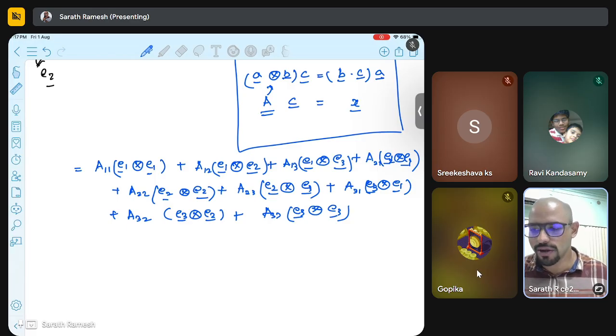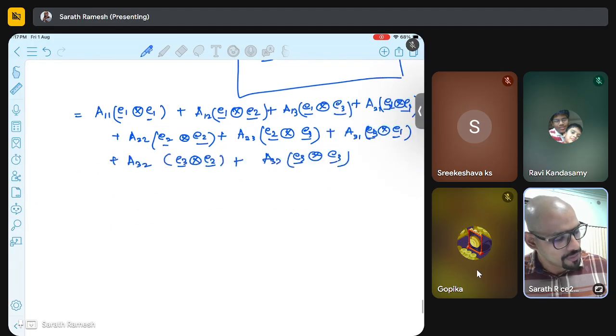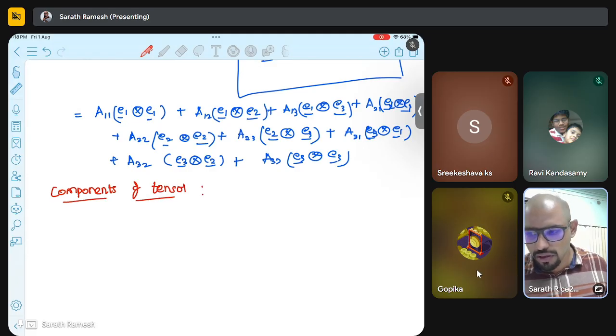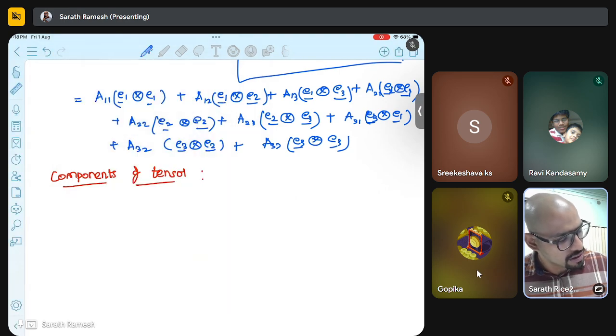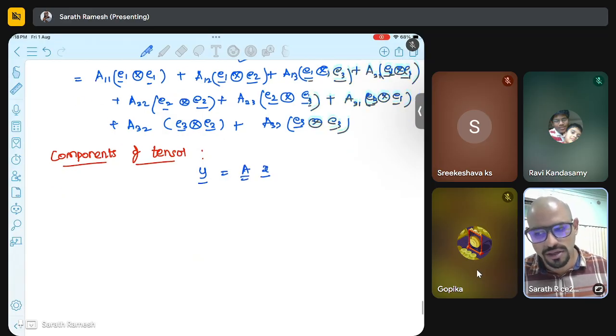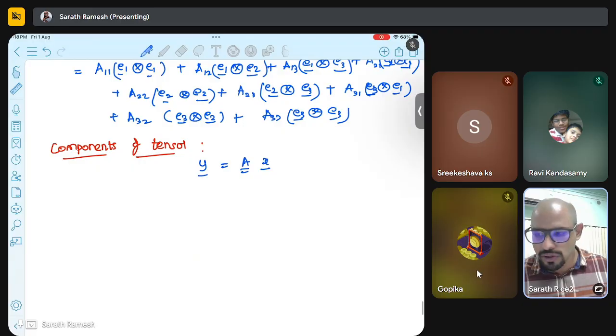Now, how will we find the components of the tensor? Finding components of the tensor. Suppose we have y equal to A x. Let's write this in terms of index notation.